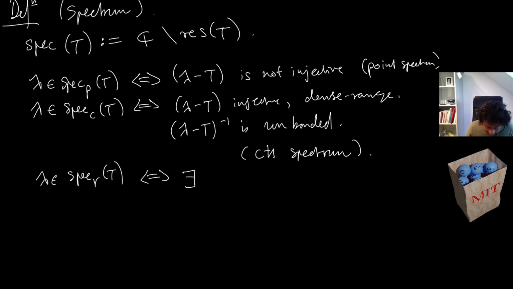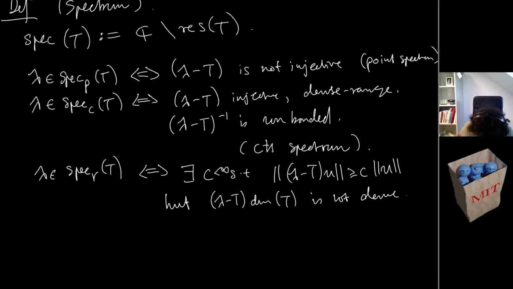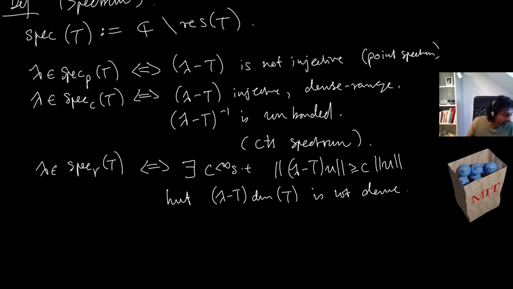So if there exists a finite C such that norm of (lambda minus T)u is bounded below by C times norm of u, so it's an injection, but the range of lambda minus T on dom T is not dense. Okay, so these are the three types of spectra that can happen. This is just to be informative.